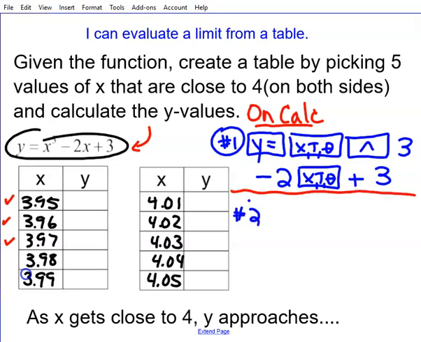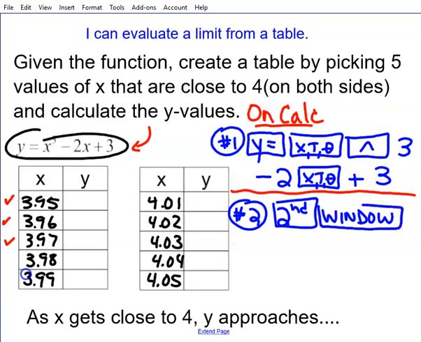If I want to create the table on the left, I have to set the table. So I'm going to hit second window. Again, window is at the top of the graphing calculator, and the reason I'm going second is because I really want the option that's on top. I want to set the table.